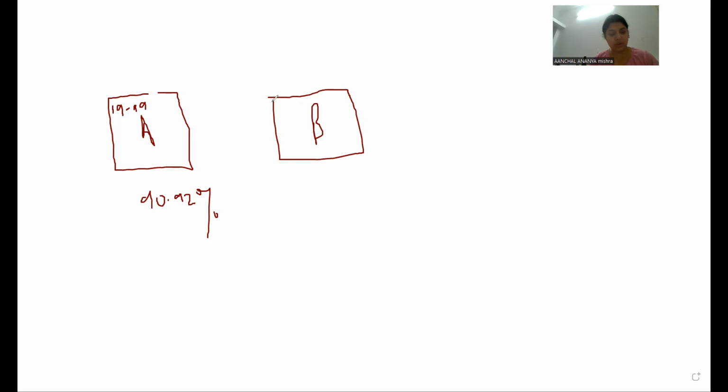Now we have an element B, I hope this is what you were asking for. We can write here 20.99 with 0.26%. And we have another element over here, element C. They are all isotopes of the same element.